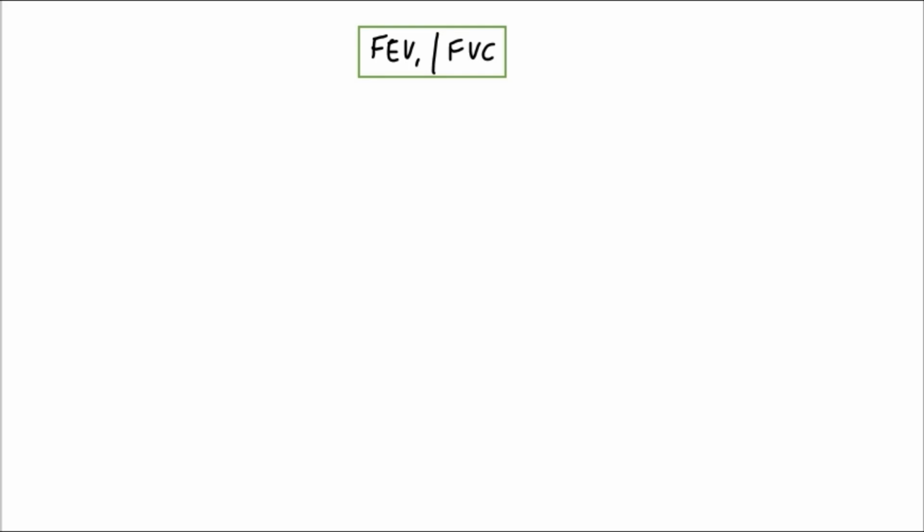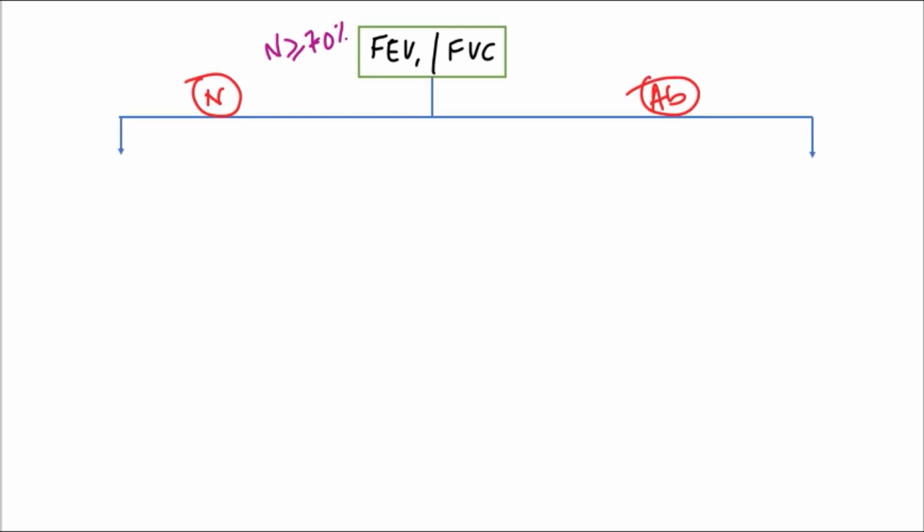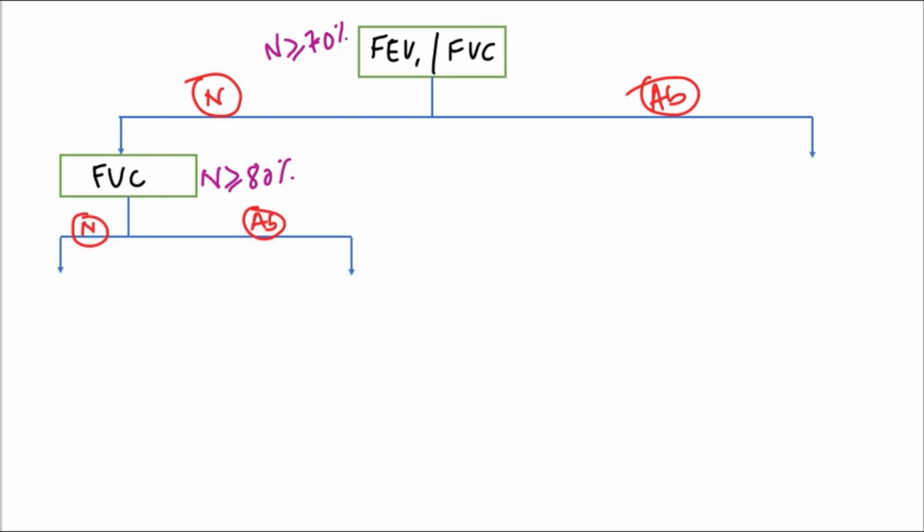Finally, we will discuss interpretation of spirometry. We will begin with FEV1 upon FVC ratio. The normal value is more than or equal to 70%. So if this ratio is normal, then we will take into consideration FVC. FVC normal value is more than 80%. So if FVC is normal, then we will do DLCO, or diffusion capacity of lung for carbon monoxide.